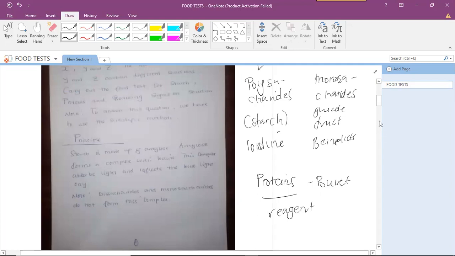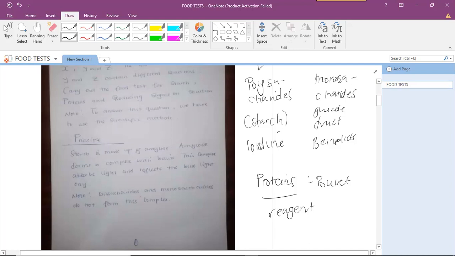Under all these types of tests, it's very important that you first know the principle behind these tests. You have to know how to fill in your table, because you're going to be given a table and you'll be told to write down the method that you see. And after writing down the method, you have to be able to make observations and draw a conclusion from what you see.